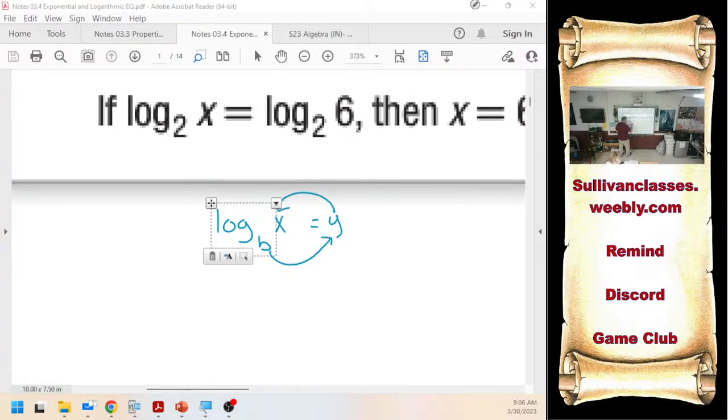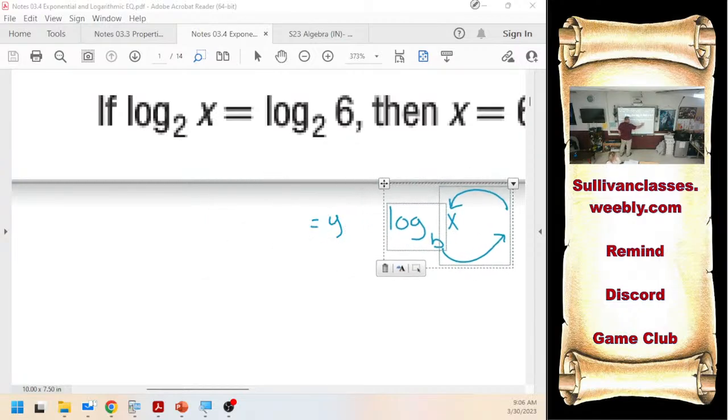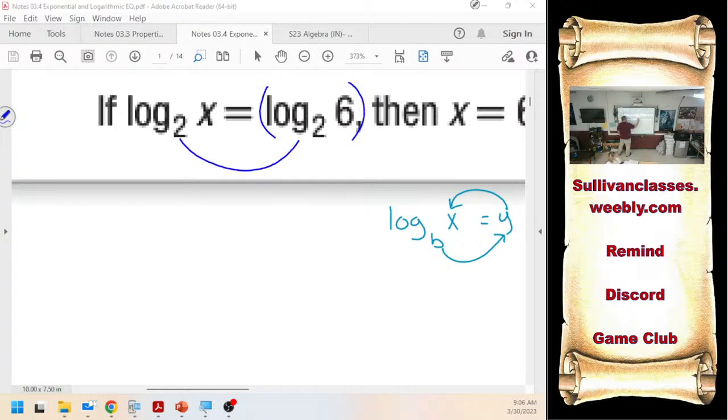So if that's my definition, then that means 2 to this thing equals x. If b to this power makes x, then 2 to this power makes x. That's exactly what I'm doing, but twice.